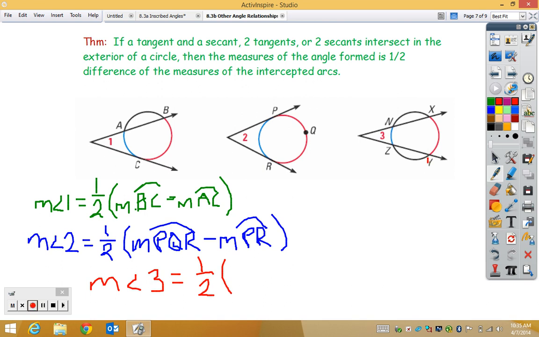This is a Y, and this is a W. I don't know why that got cut off, but this is a W. So that is 1/2 the measure of arc XY minus the measure of arc WZ.